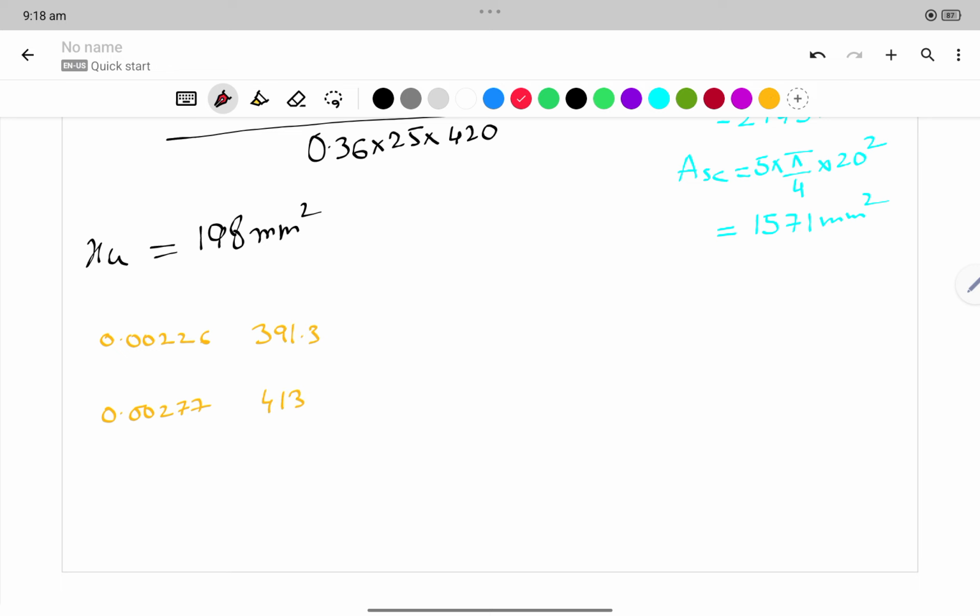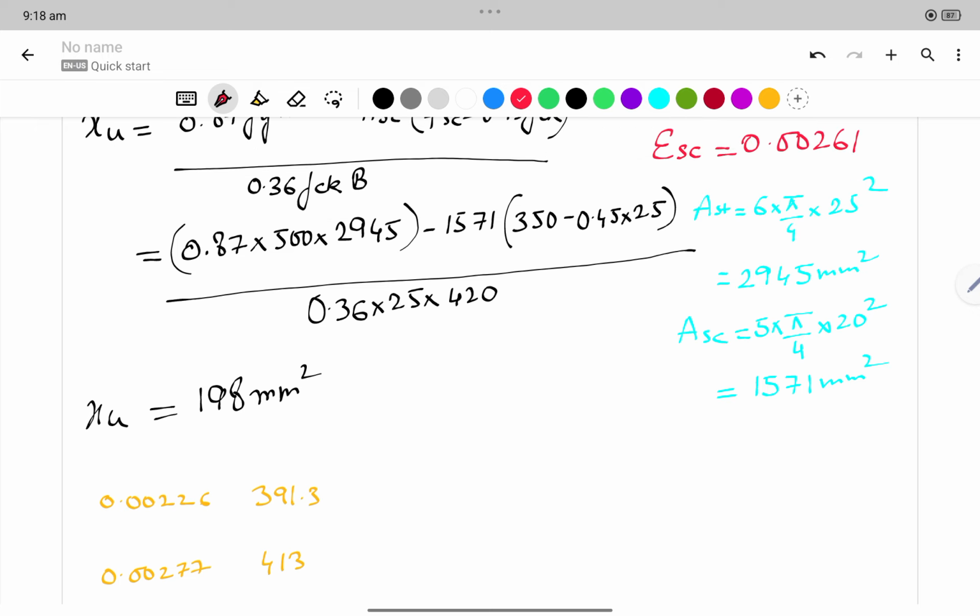You have to find out for value 0.00261. So now we will do the interpolation.